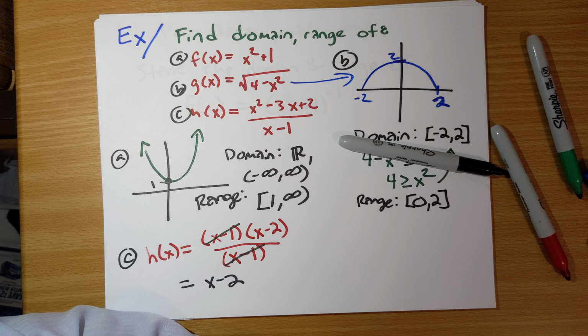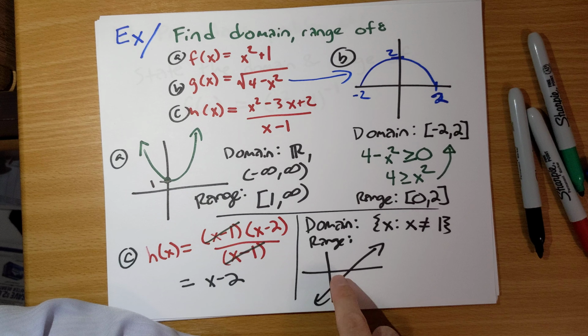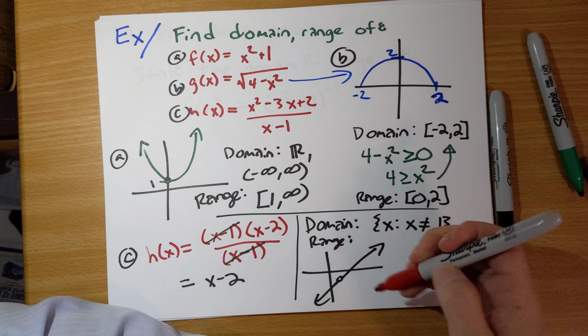Now, as for the range, so plotting x minus 2 here, it's a straight line. So it looks like the range can be all going off to positive infinity, going off to negative infinity. It looks like the range here is going to be all real numbers, but once again, remember x can't equal 1.